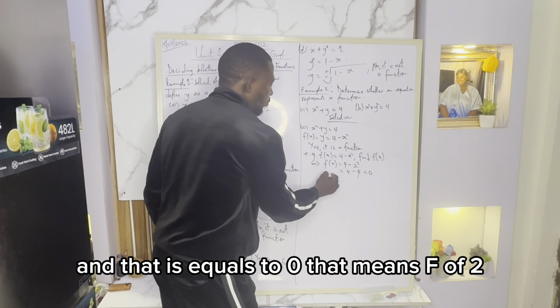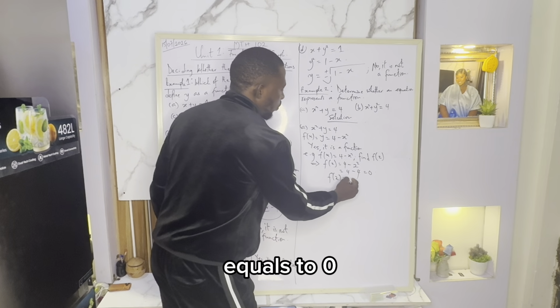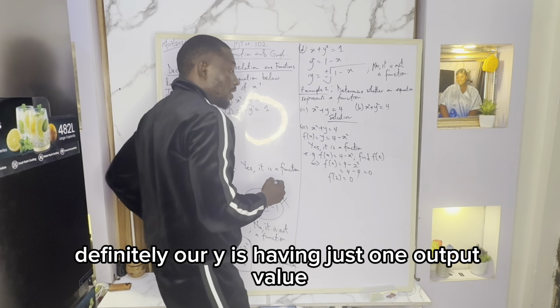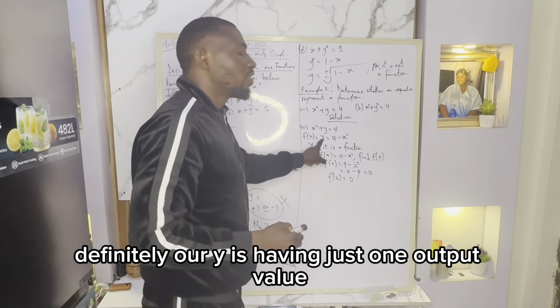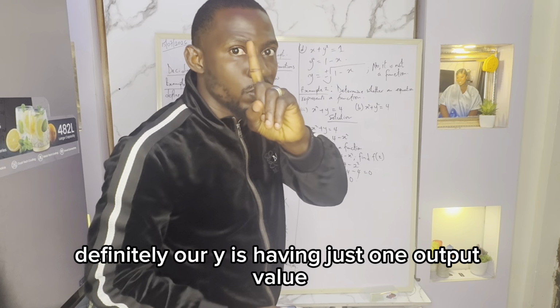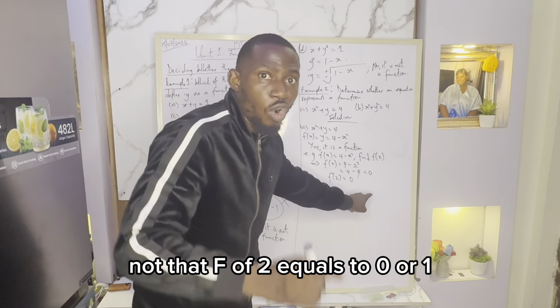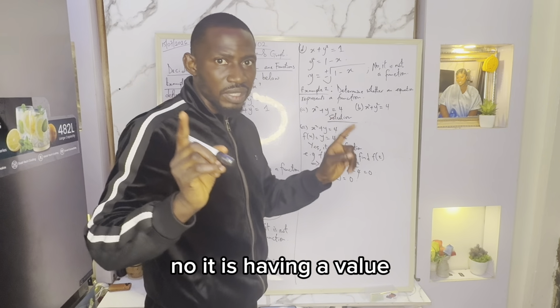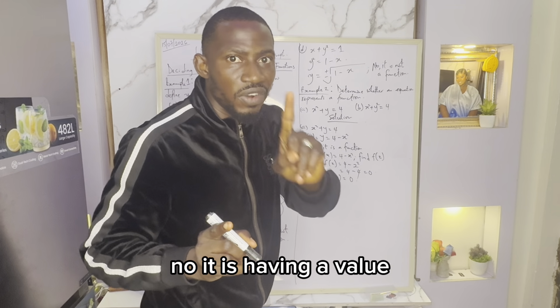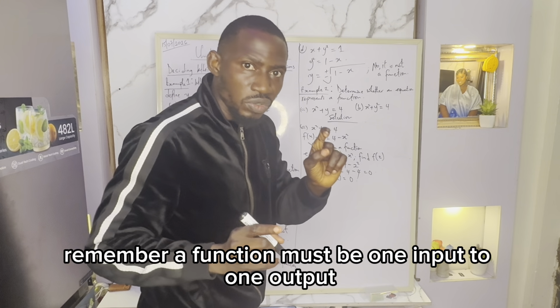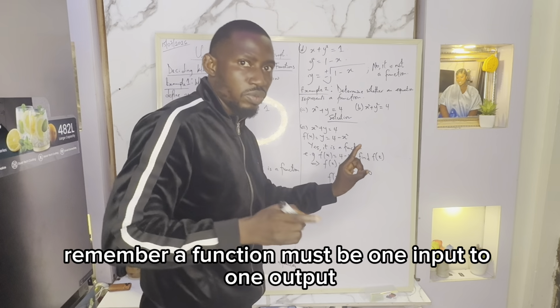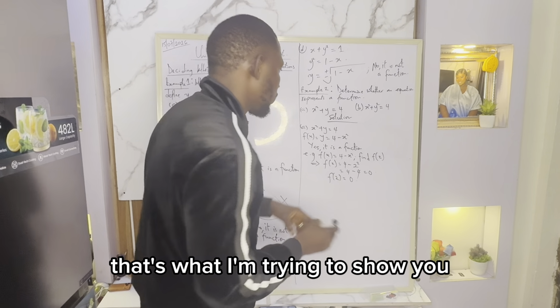That means f of 2 equals 0. Definitely our y is having just one output value, not that f of 2 equals 0 or 1. No, it is having a value. Remember, a function must be one input to one output. That's what I'm trying to show you.